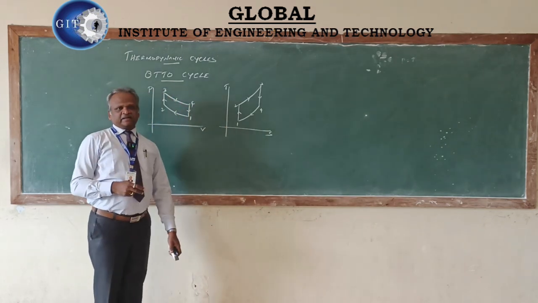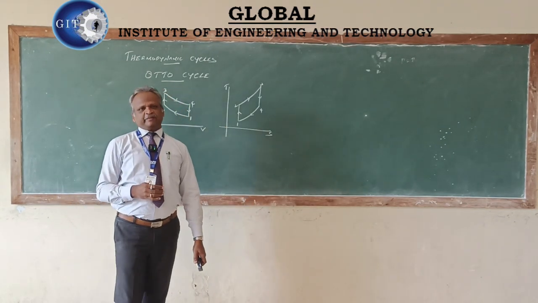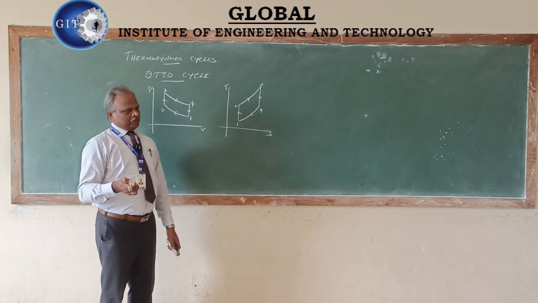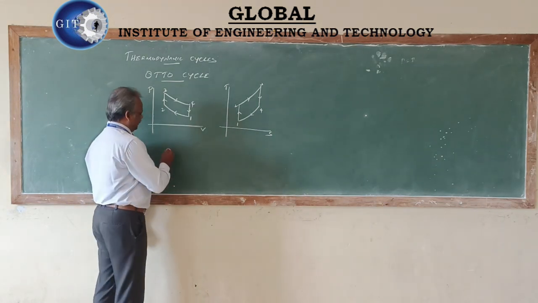So this is the diagrammatic representation of the Otto cycle, described in terms of pressure versus volume as well as temperature versus entropy. Now we are dealing with the processes one by one.